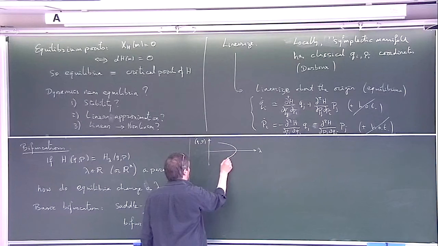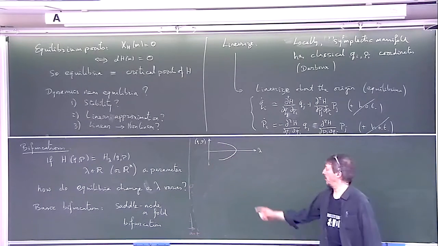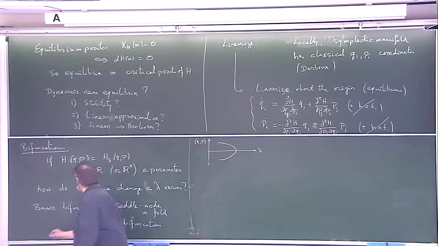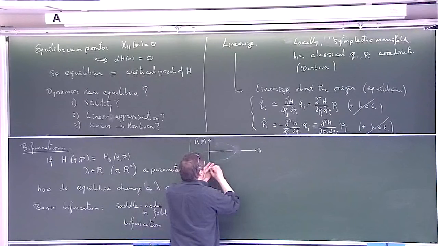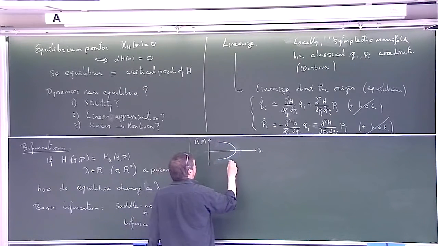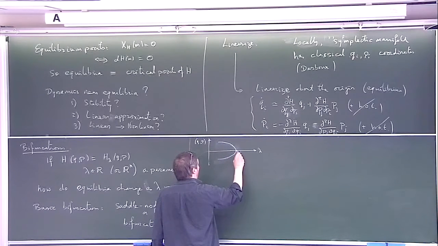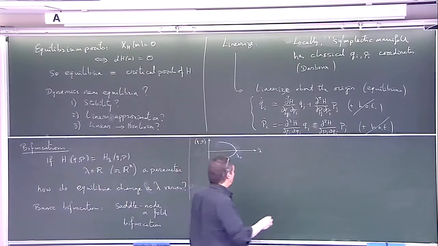So that curve. Let me draw it with a color. So bifurcation occurs at lambda 0.